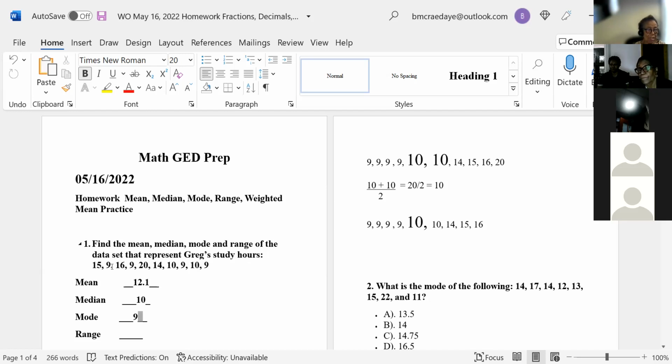If each set of numbers came like the amount of 9, then they all have the same number, so there's no mode. They all have the same number of items.